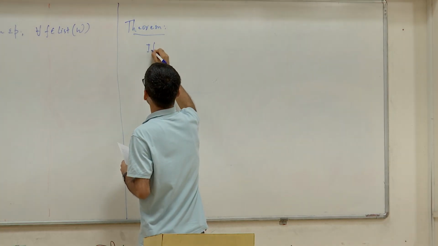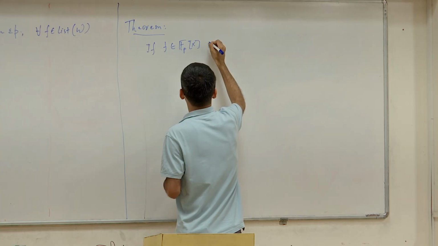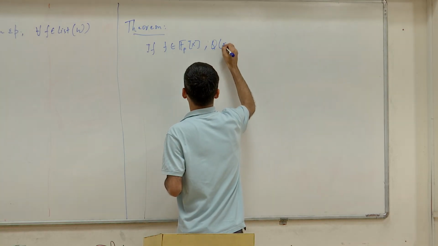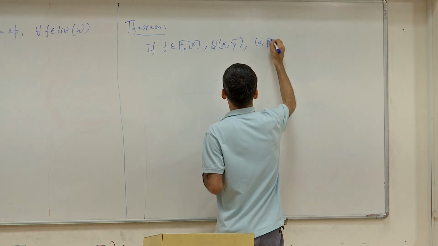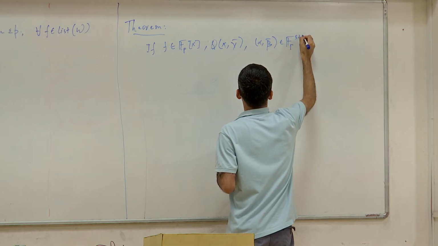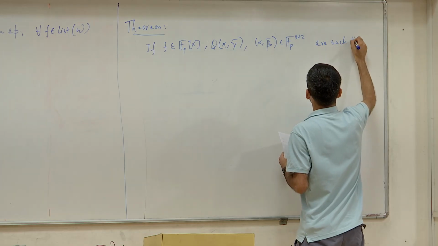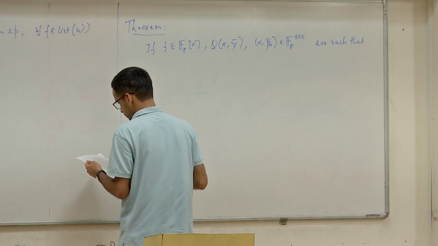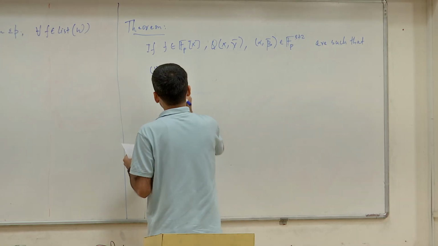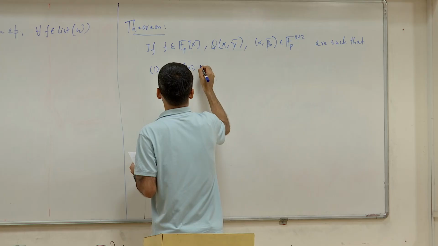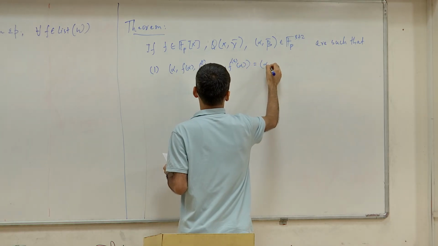So if f in Fp adjoin x, Q of x, y, and alpha, beta in Fp to the s plus 2 are such that alpha, f of alpha, f1 of alpha, up to fs of alpha is equal to alpha, beta.